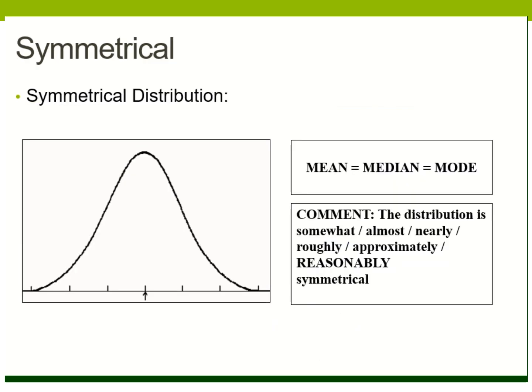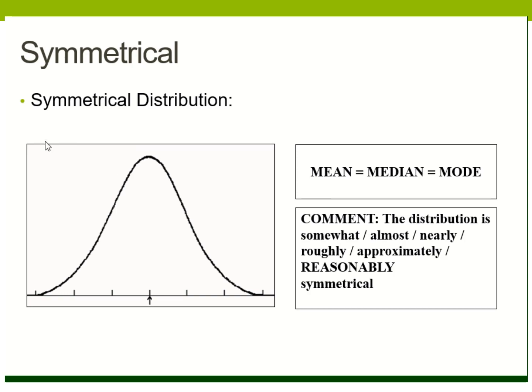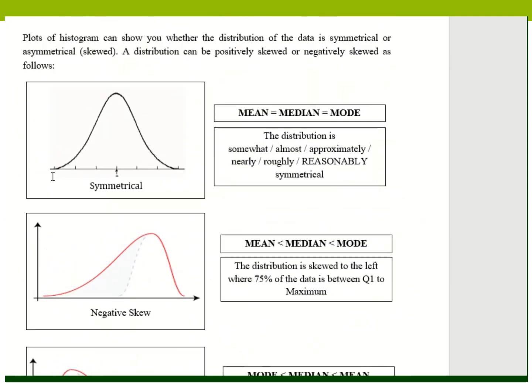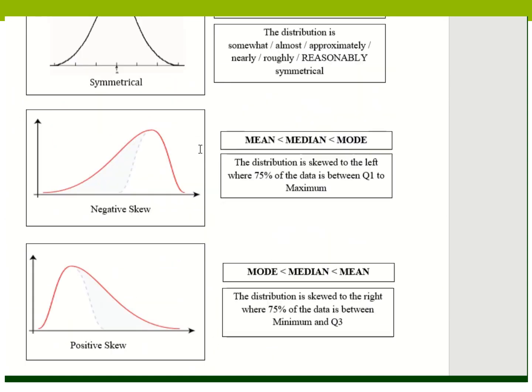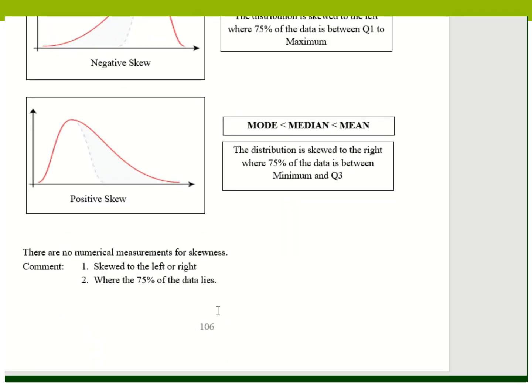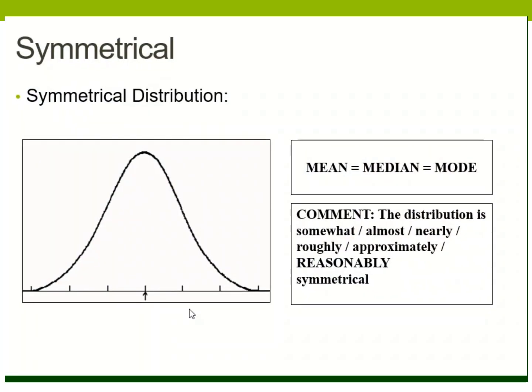All right, so symmetrical distribution. In your manual we are actually on page 106 here. You may have to fill up the values here if anything is empty. So this is symmetrical, where the left and right of the distribution is equal, approximately symmetrical. When it is symmetrical like this, your mean, median and mode is equal, which sits in the middle.